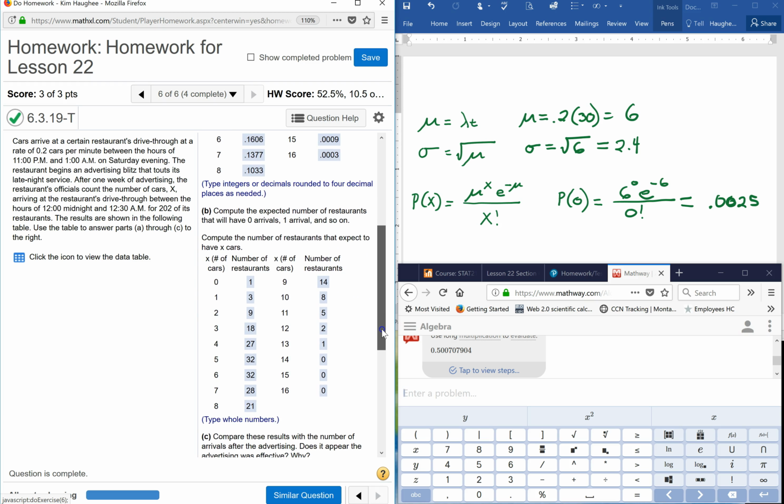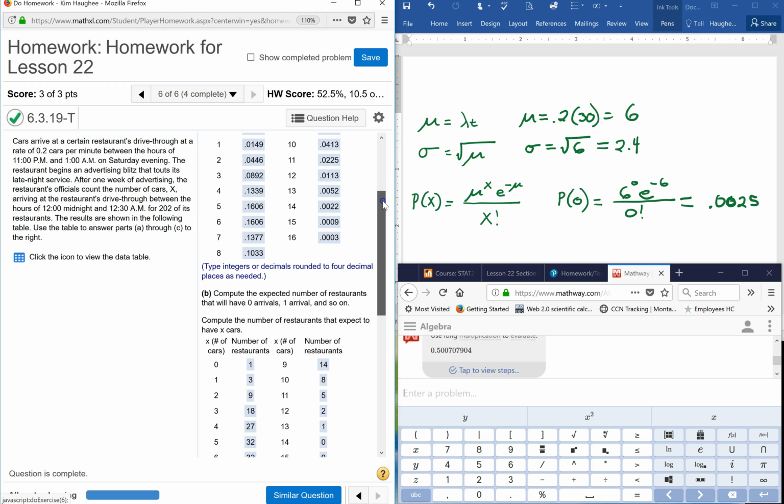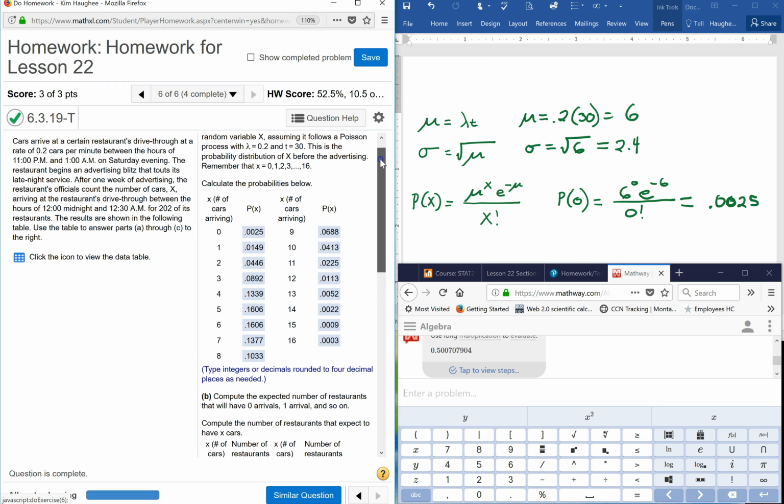I've actually done the work, but I want to show you how I did it. It says, compute the expected number of restaurants that will have 0 arrivals, 1 arrival, and so on. I needed to remember that there were 202 restaurants. So I took each of these probabilities and I multiplied it by the 202.